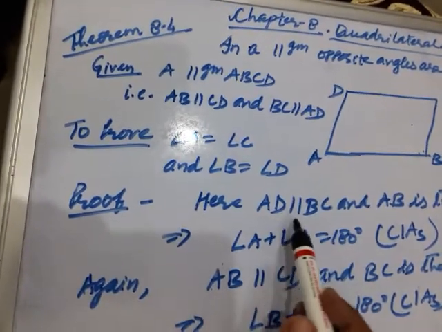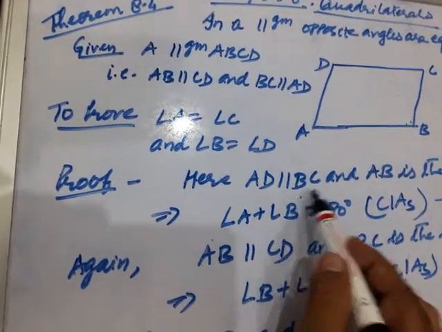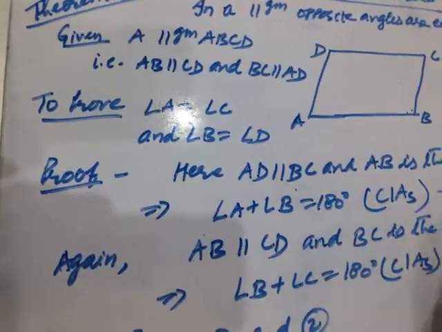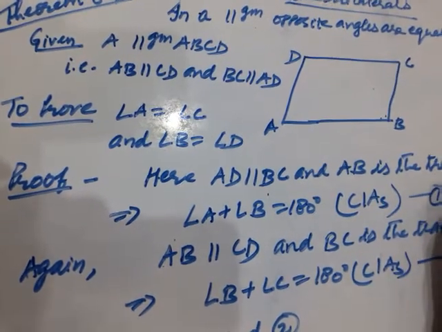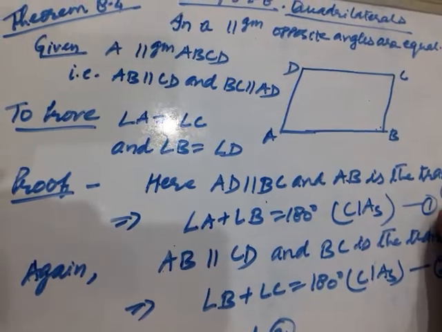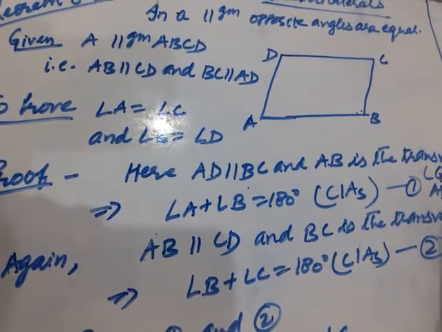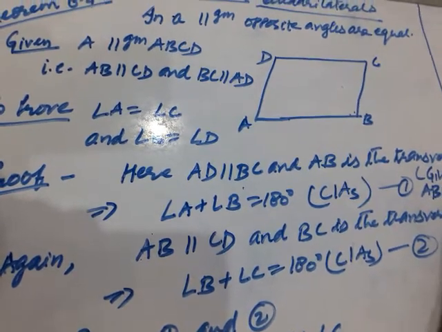Here AD is parallel to BC. Why? Start proving. AD is parallel to BC because ABCD is a parallelogram. Either you write given or you can write ABCD is a parallelogram. Okay, children.